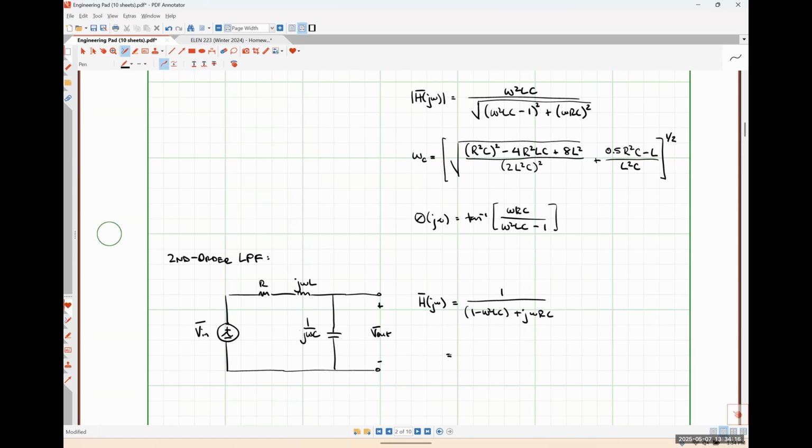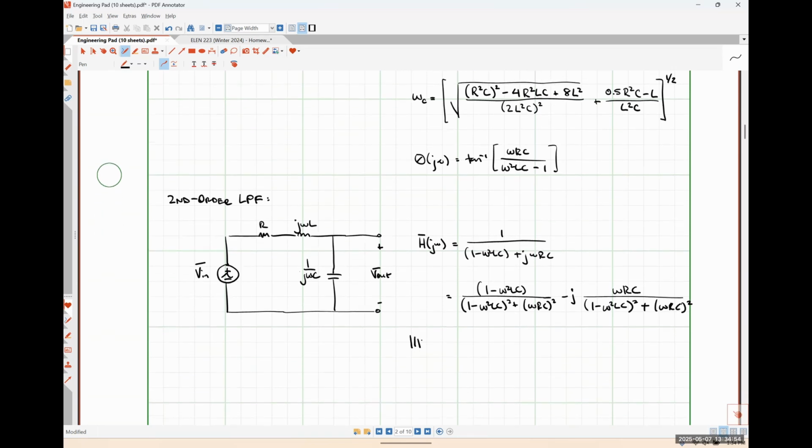Breaking that into its real and imaginary parts, we have 1 minus omega squared LC over 1 minus omega squared LC quantity squared plus omega RC quantity squared, minus j omega RC over 1 minus omega squared LC quantity squared plus omega RC quantity squared.